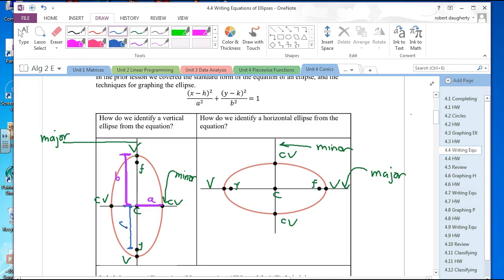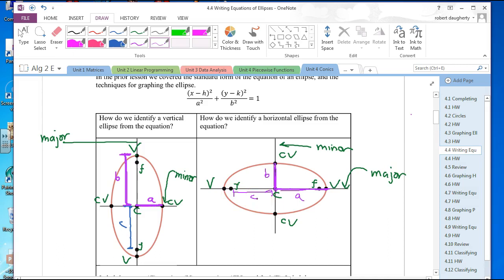So in this problem here, what is the distance from here to here to the co-vertex? Not A. Vertical is always B. What is the distance from here all the way out? That is A. And then what is the distance from there to there? That is C. Okay?